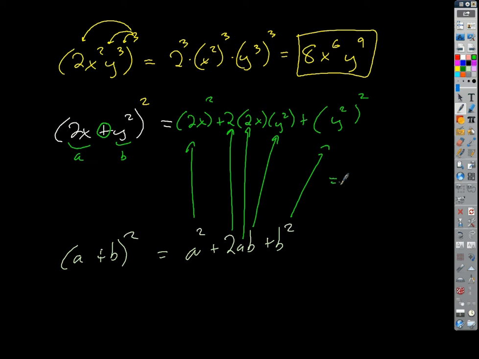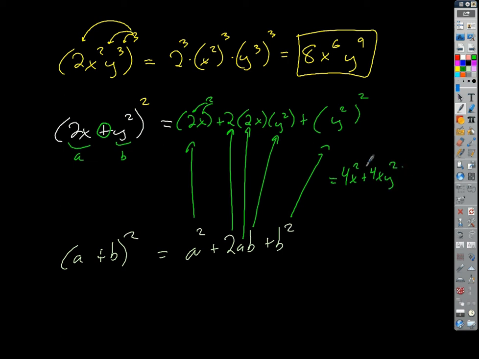4x squared, right? Because I've got a product to a power, so I'll just distribute the power to both. It's 2 squared times x squared. What about here? 2 times 2x is 4x, times y squared. Good, 4xy squared.